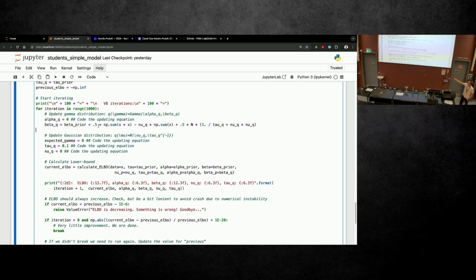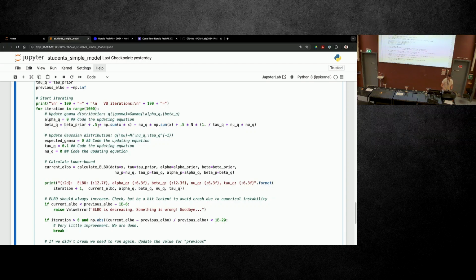This here is the updating rule for gamma, and you can see that it's a bit incomplete, so alpha q is just set to 0 here. We have beta q defined, so you don't have to worry about that. And here we have the updating rules for the variational distribution over mu, where again you need to go in and fill some blanks.